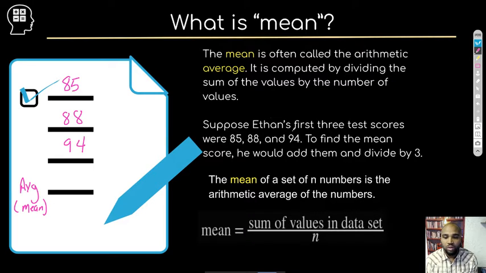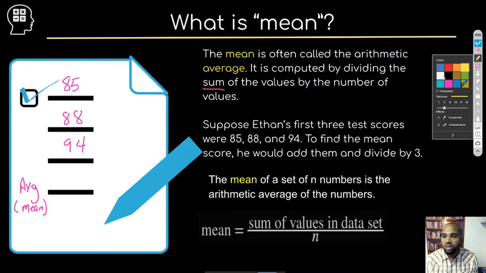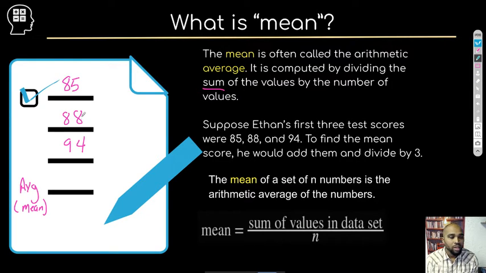To work this, we find the sum and then divide it. So what's the sum when we add them up? 8 and 4 is 12. 12 and 5 is 17.